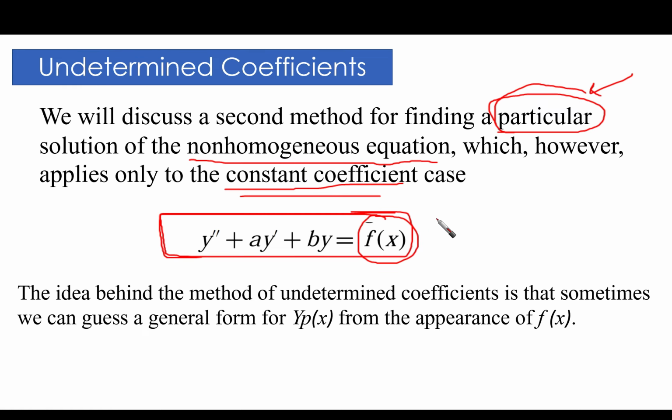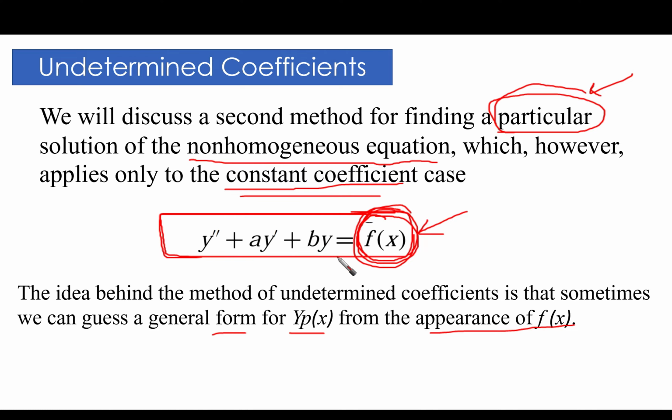The point is this f of x is very important for us, because the main idea here is that sometimes we can guess a general form for yp, the particular solution, from the appearance of f of x. This f of x is going to play a central role in the solution of the undetermined coefficients.